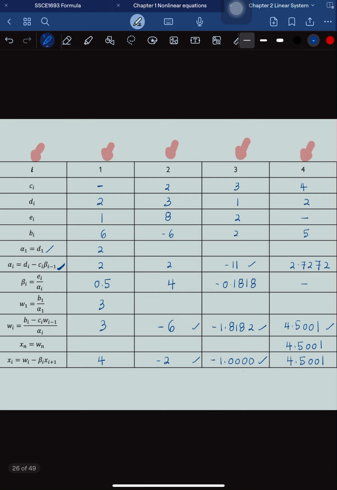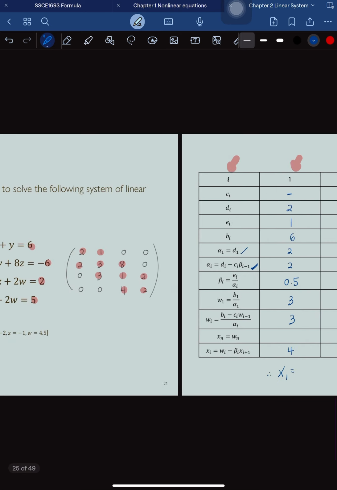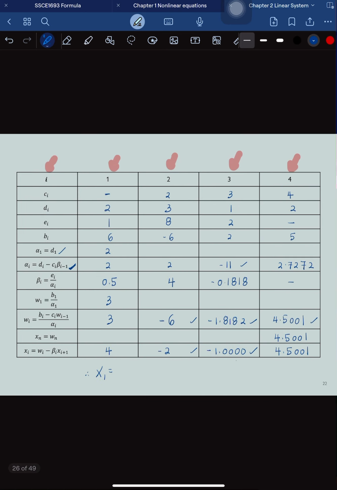So this is your answer. X equal to 4, y equal to negative 2, z equal to negative 1, and w equal to 4.5001.